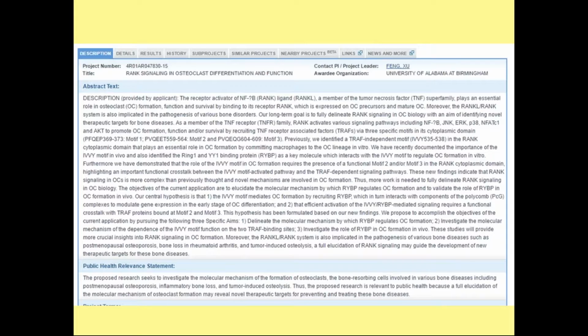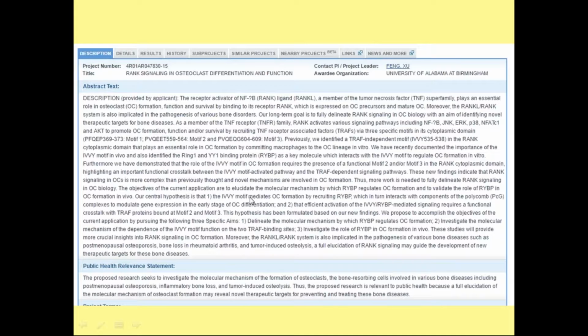They start off by talking about a ligand that's a member of this family, blah, blah, blah. What you can also see here is that they say, our central hypothesis is, so this is hypothesis-driven research, and this hypothesis is based on our new findings.